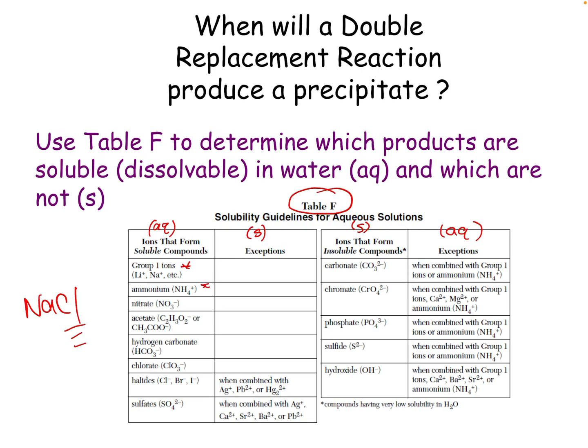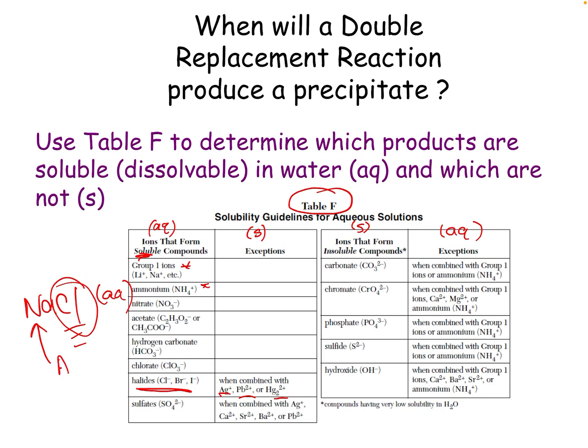So in the case of NaCl, which, by the way, from my experience, I know is soluble, I'm going to say Cl is a halide right here. So halide is soluble with the exceptions of silver, lead 2, or dimercury. In this case, sodium is not one of those exceptions, so it would remain aqueous in solution.